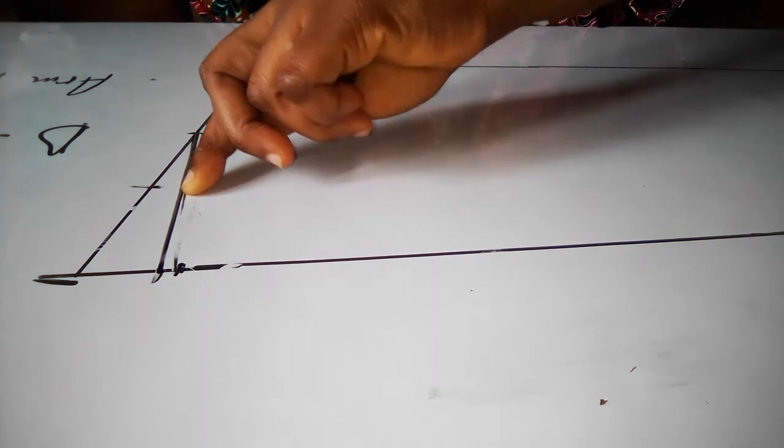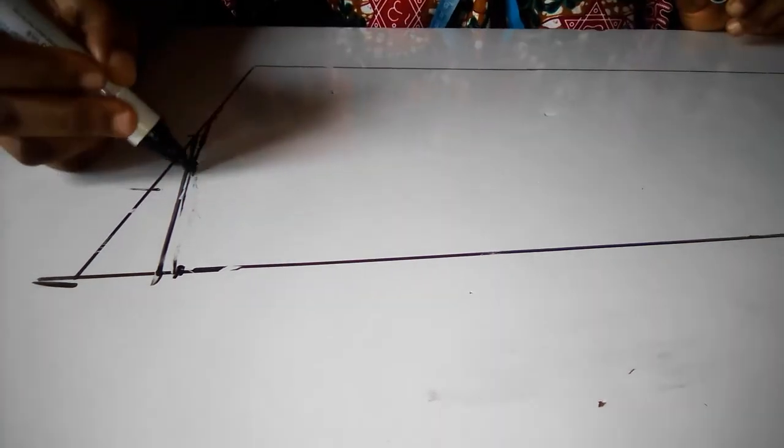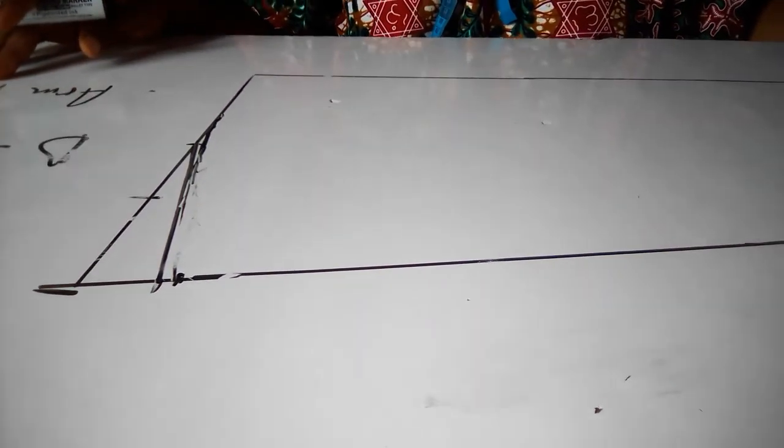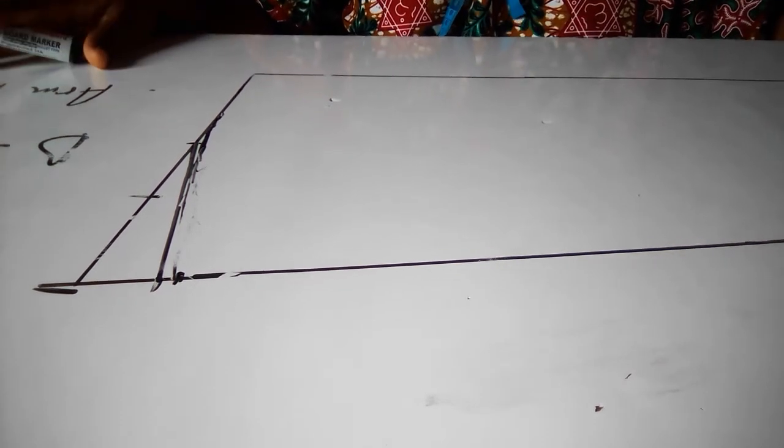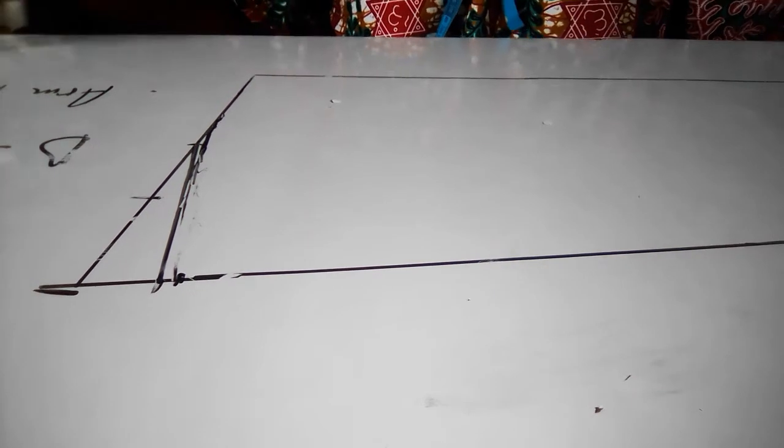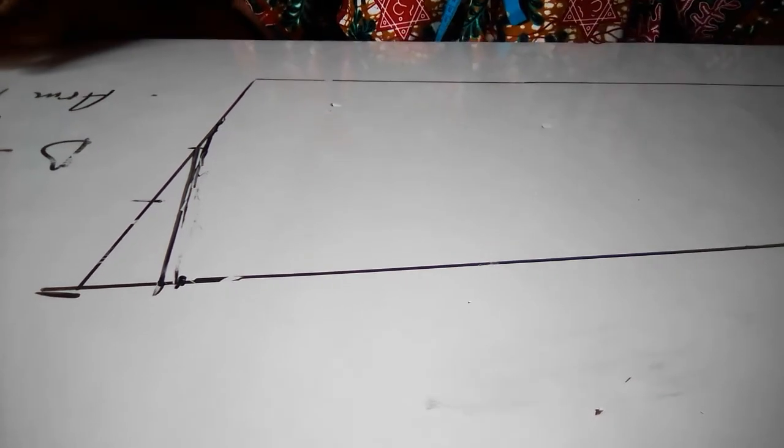So going to clean this line. Then we make our curvy line. So this is our simple A-line dress. So we are going to the next thing for us to do.